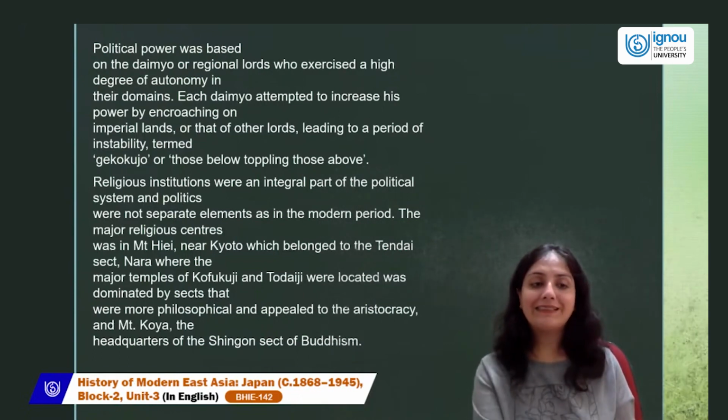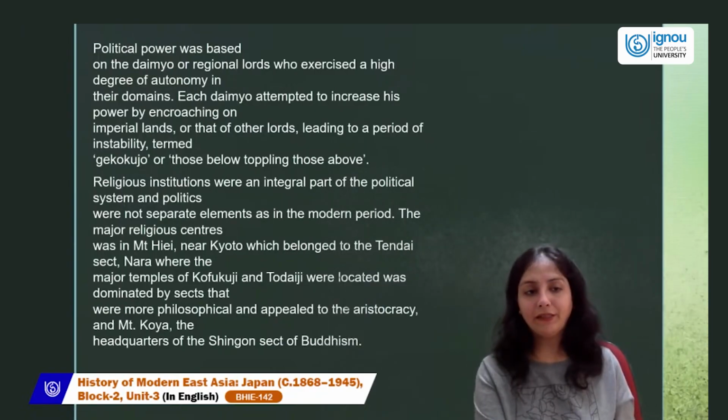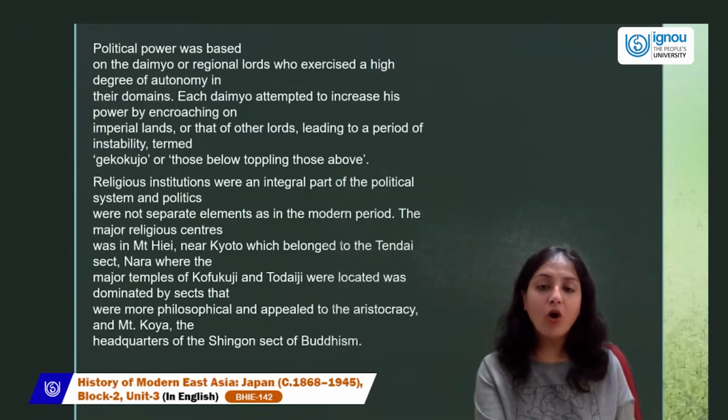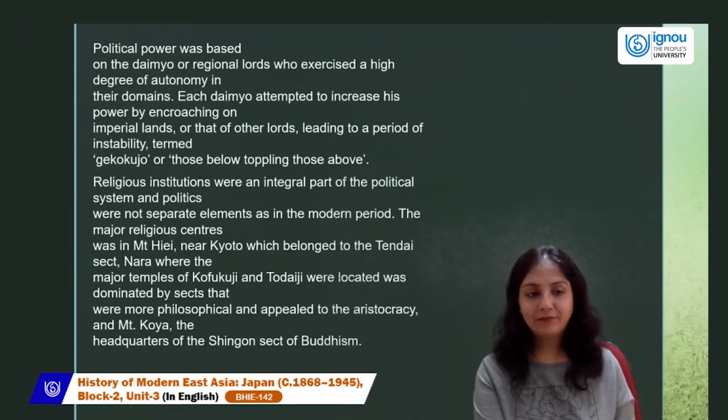The major religious center was Mount Hiei near Kyoto, which belonged to the Tendai sect.